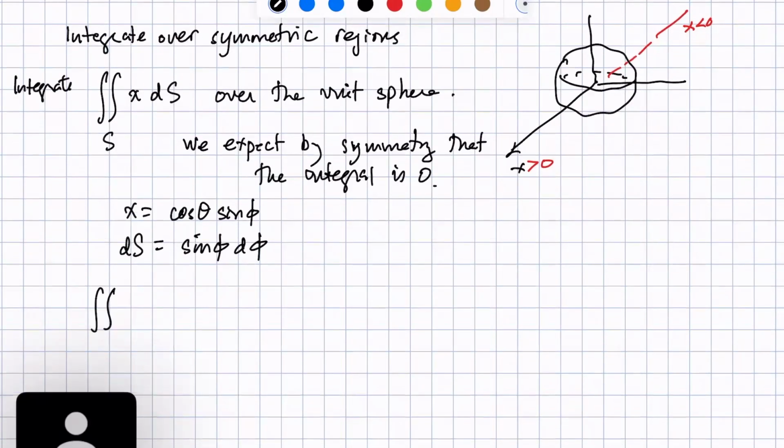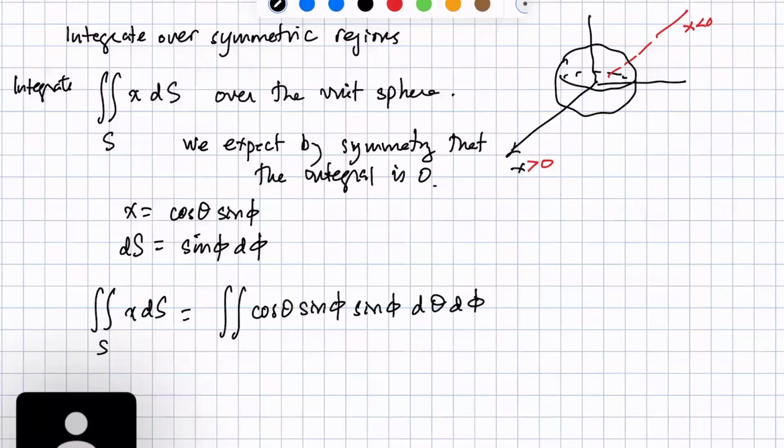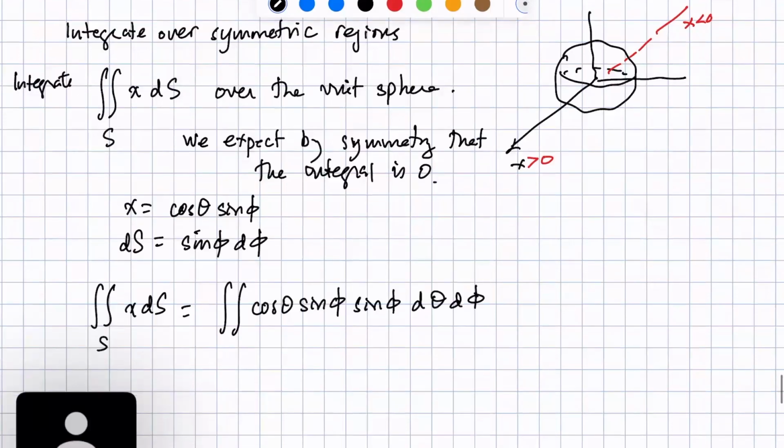And therefore, when I integrate this object, I get cosine theta sine phi times another sine phi, d theta d phi. The theta goes from 0 to 2 pi, and the phi goes from 0 to pi.